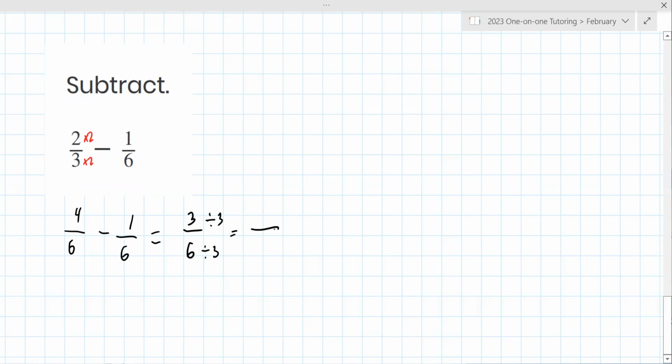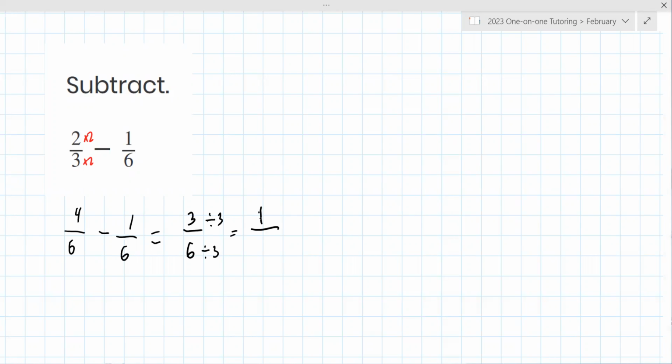Okay, so what is 3 divided by 3? 3 divided by 3 is 1. Okay, and 6 divided by 3. Try again. 6 divided by 3.